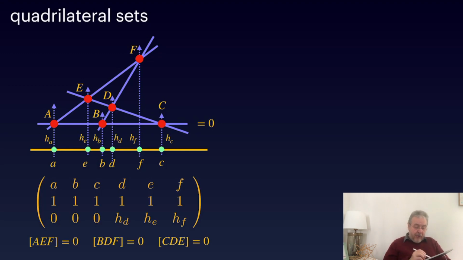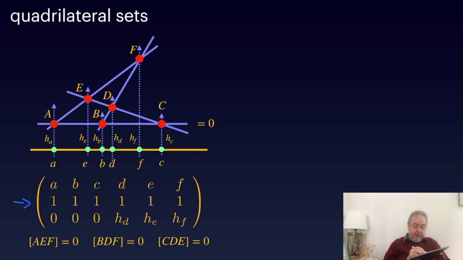You may observe in my matrix that I took a slightly non-generic way to make the standard embedding. So I put the ones for the standard embedding in the second row. The reason why I did that is that I wanted to have my heights here, my altitudes, at a special position.